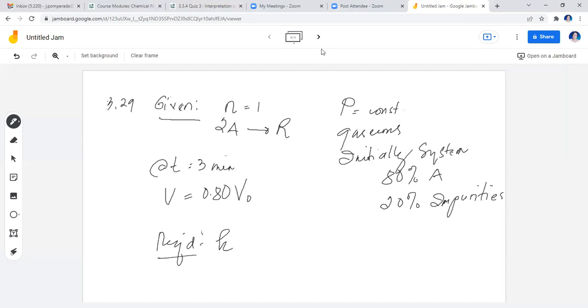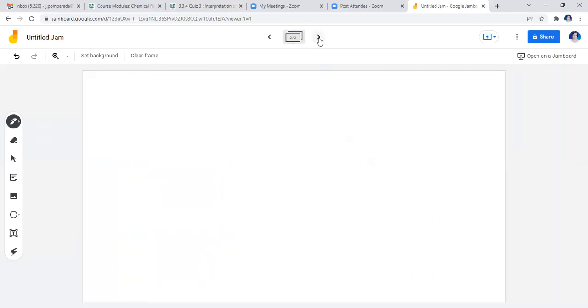Now, in solving the problem, it always helps that you start with the formula because somehow you would know what you are going to look for. This is a first order varying volume batch reactor data, and we have the formula already for integral analysis applied to first order varying volume batch reactor problems.